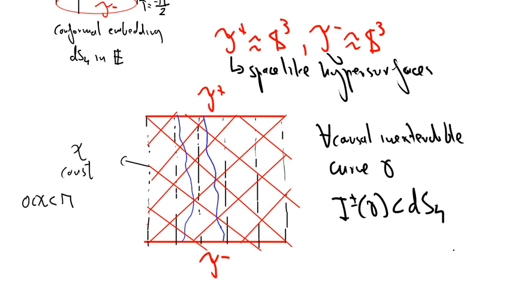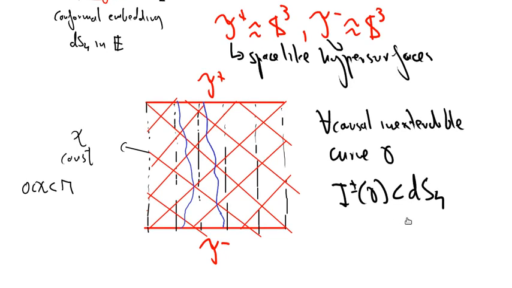And you remember from the previous lecture what the future and chronological past is. So it means that the future and chronological past of any causal inextensible curve is always a proper subset of de Sitter. There are no causal curves such that the future or chronological past of it is the whole de Sitter. Okay, this is not true.